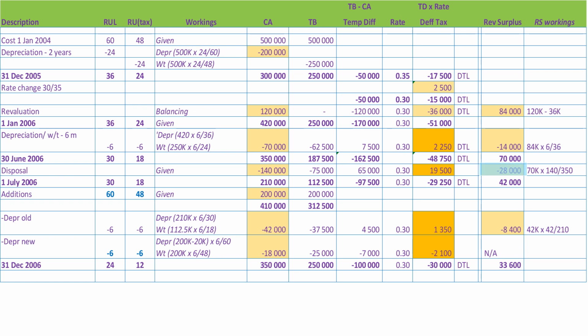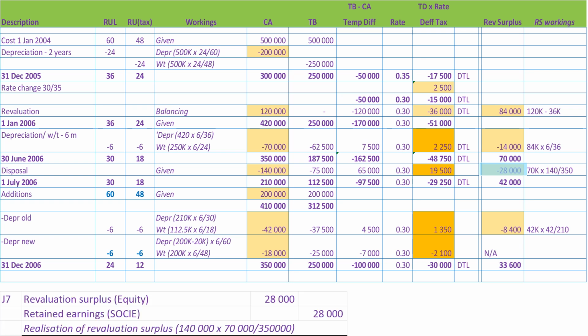The next journal that we account for is our movement in our reval surplus due to the disposal. So this is simply following the same mechanics of the 14,000 above, the 28,000. You would simply debit reval surplus and credit your retained earnings.